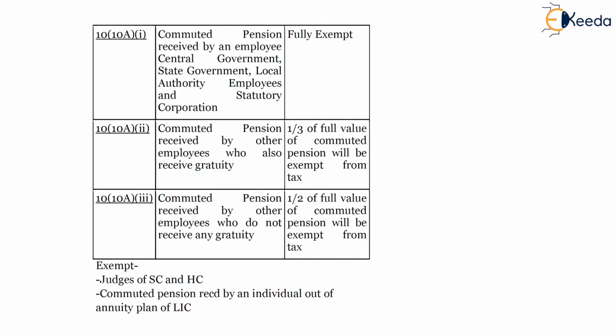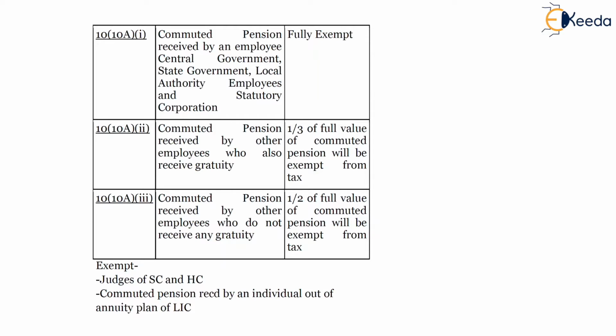So friends, the commuted portion is 80 and the exempted portion in this case will be 50, which is under subclause 3, clause 10A of section 10. So the taxable portion will only be 30 rupees. If it is received from the present employer, then it will be taxable as salary under subsection 1 of section 17.